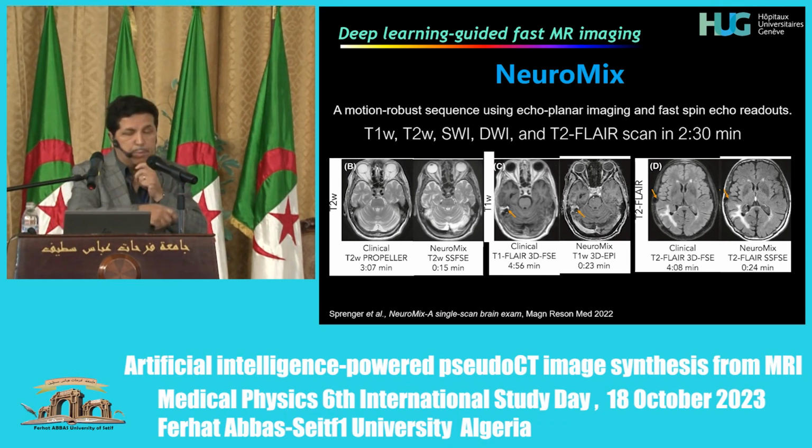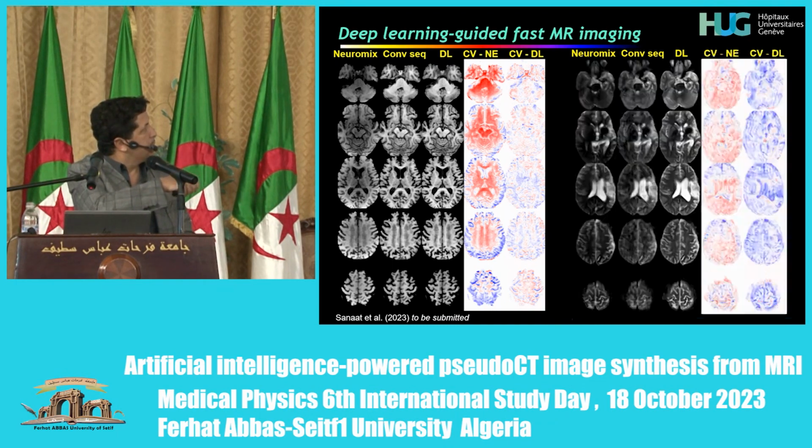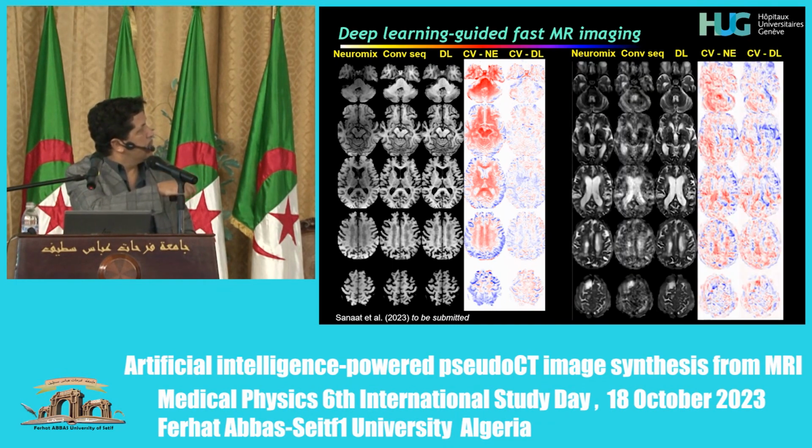It takes only 2 minutes, but the images are extremely noisy, and he did some work to improve the quality of the images. You see here the conventional NeuroMix sequence, which takes a factor of 20 more acquisition time compared to the NeuroMix protocol. And this is the deep learning model and the bias maps here, with much improved quality.